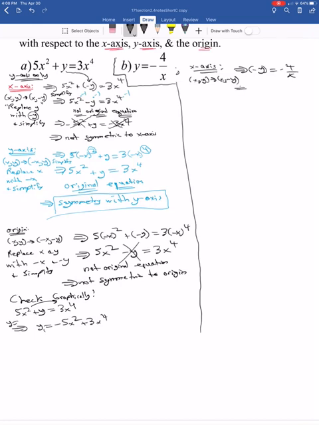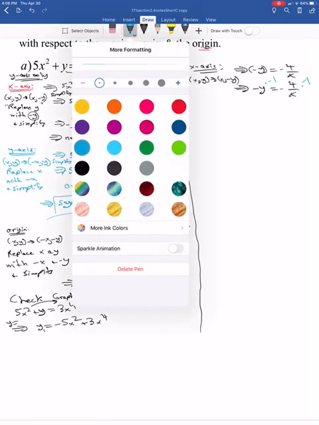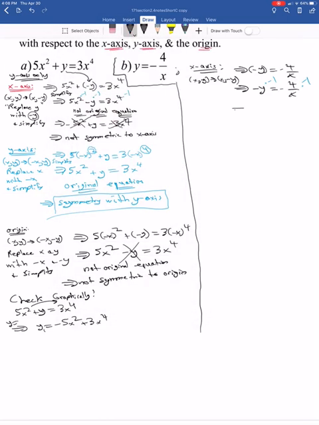So right now my equation reads negative y equal negative 4 over x. And if I were to simplify, even if I wanted to multiply both sides by negative, it's still not my original equation. Right, I've got y equal to positive 4 over x. So again, not the original. So not the original equation means we don't have symmetry.